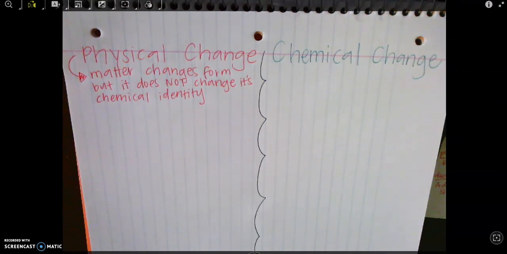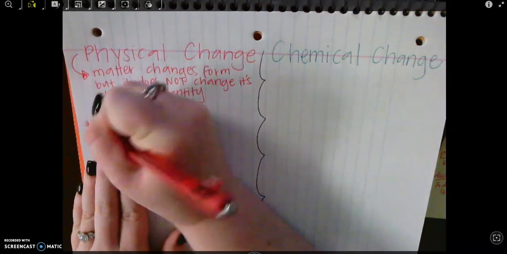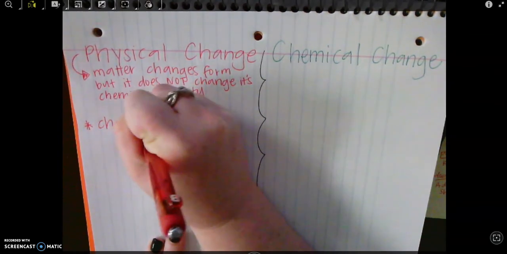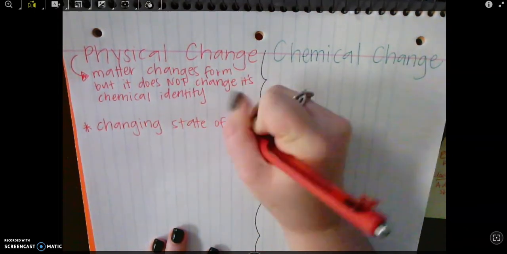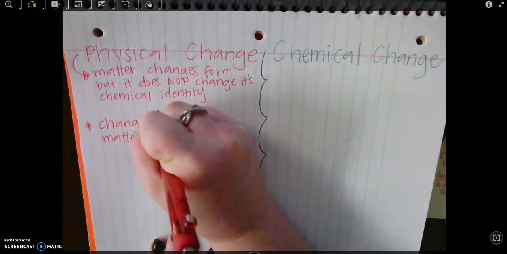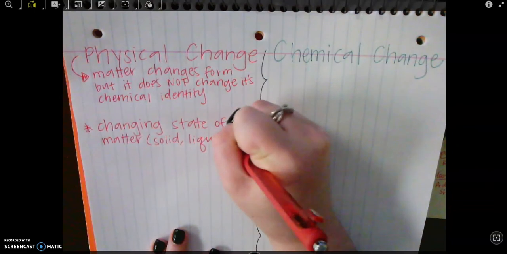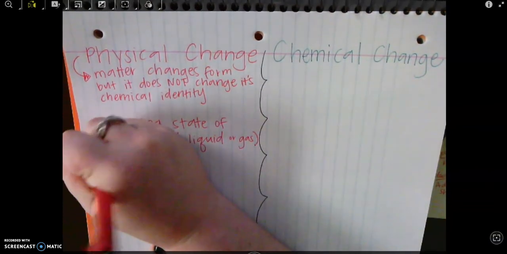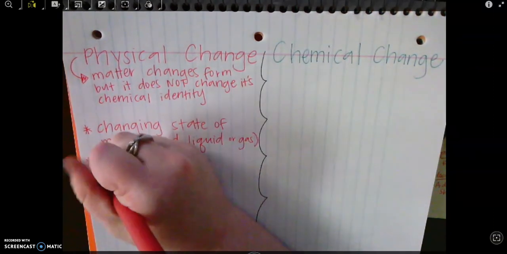So some clues to look for. I'm going to put a little star and I'm going to write changing state of matter. Solid, liquid, or gas. We know what those states of matter are. Dissolving is going to fall into our physical change category.